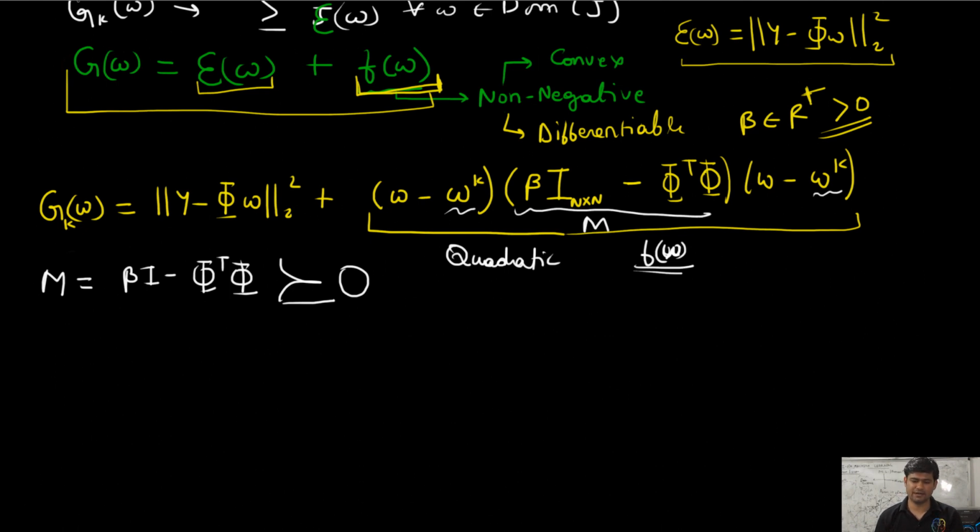It would be non-negative because for any positive semi-definite matrix S, we have that V transpose SV is greater than or equal to 0 for all V in Rn. So this is a property of semi-definite matrices.